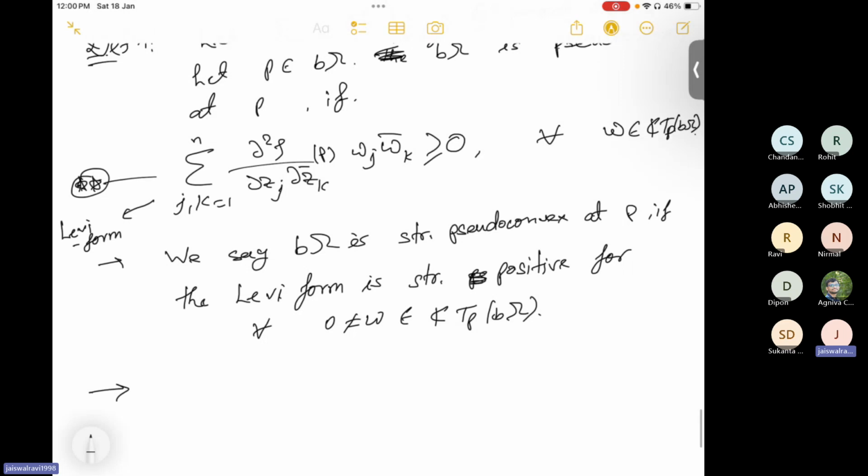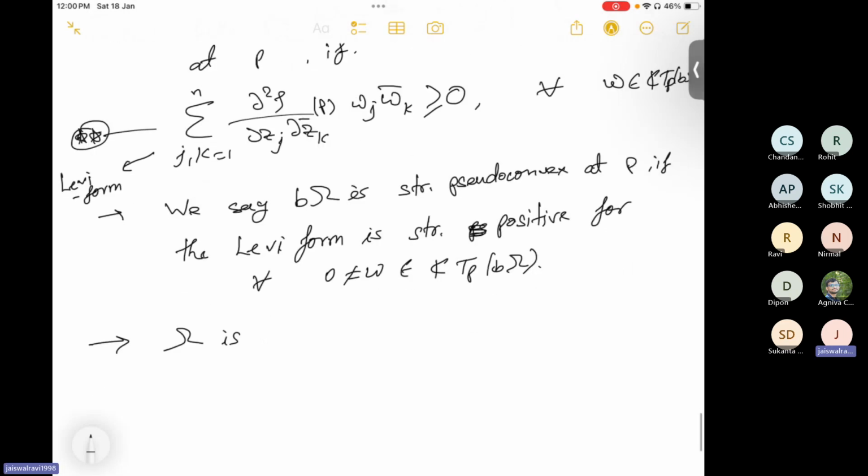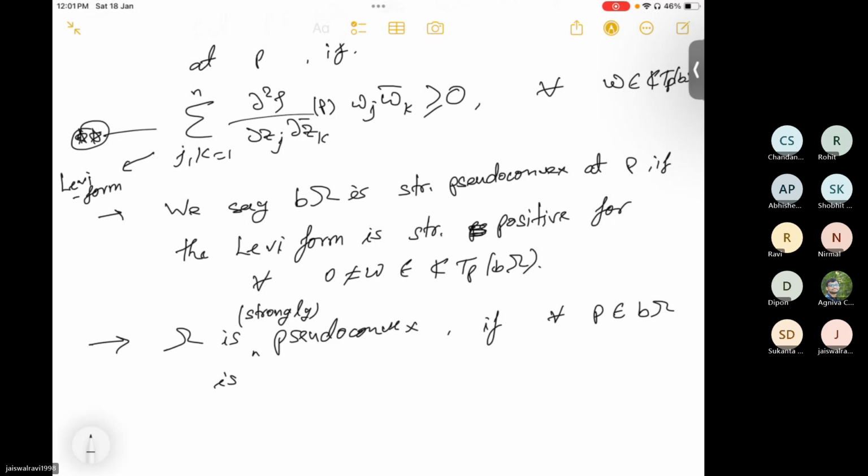Similarly, we say omega is pseudo-convex, or in brackets strongly pseudo-convex, if every point P on the boundary of omega is a point of pseudo-convexity, or strong pseudo-convexity.